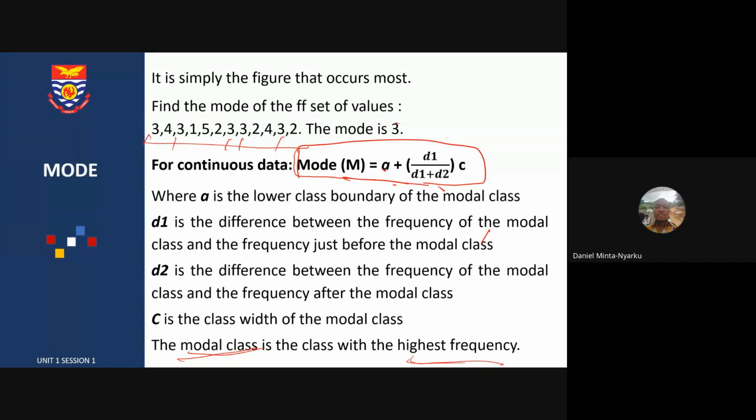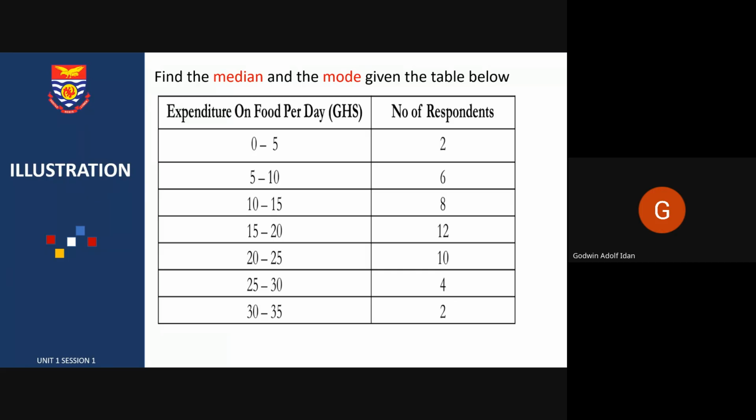Yes, please. All right, so let's calculate the median and the mode from the table below. Remember the formulas. Let's rewrite the formulas here, which should guide us in what we are supposed to do in terms of table.